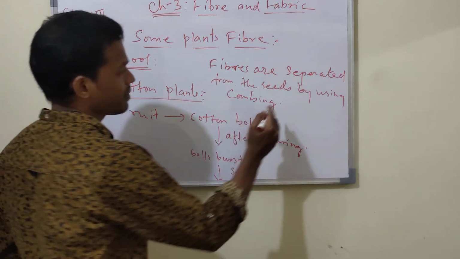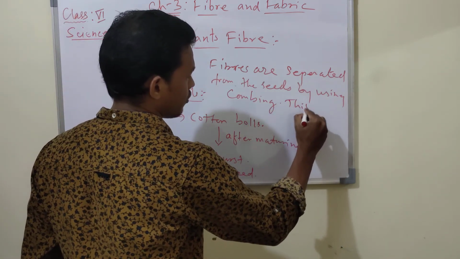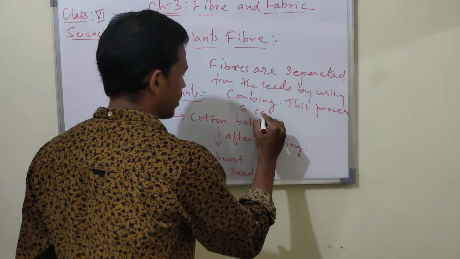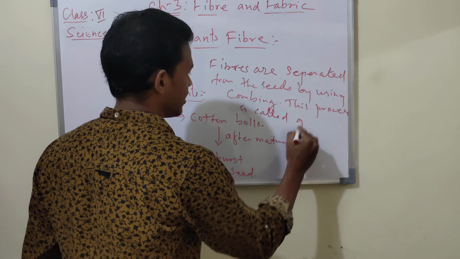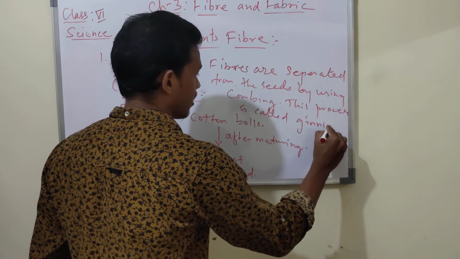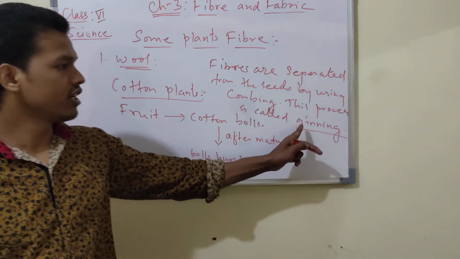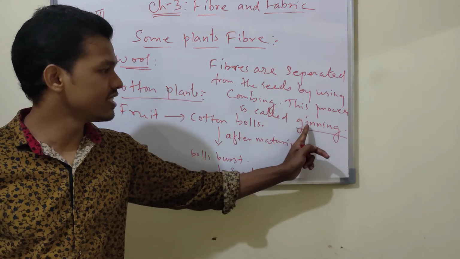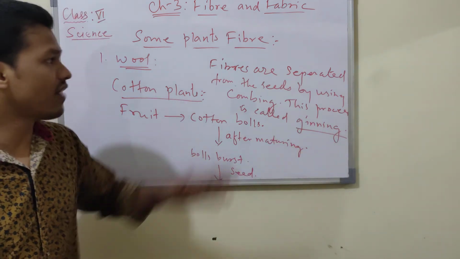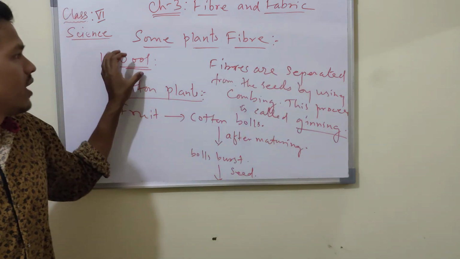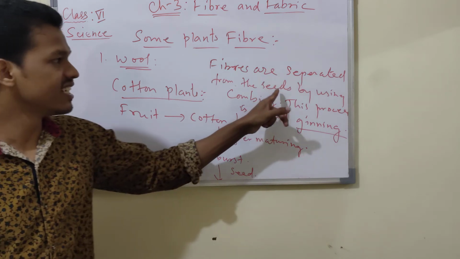This process is called ginning, G-I-N-N-I-N-G. So the fibers are separated. Fibers means cotton wool. This woolen material is separated from the seeds.